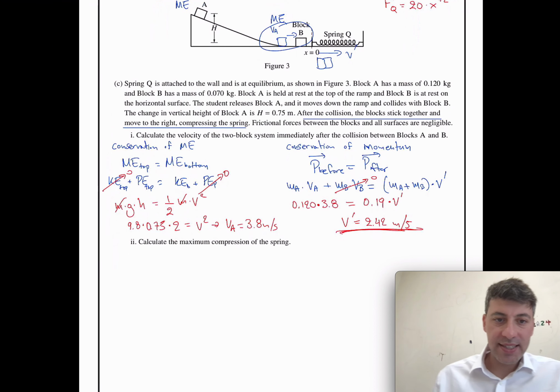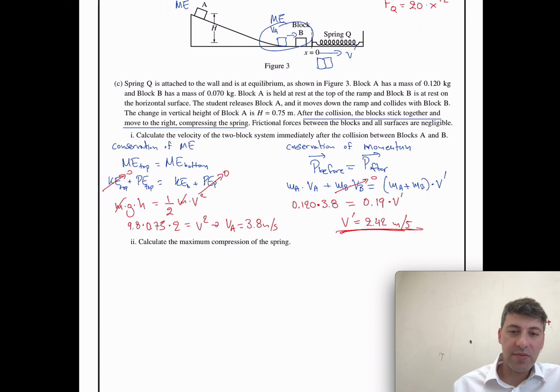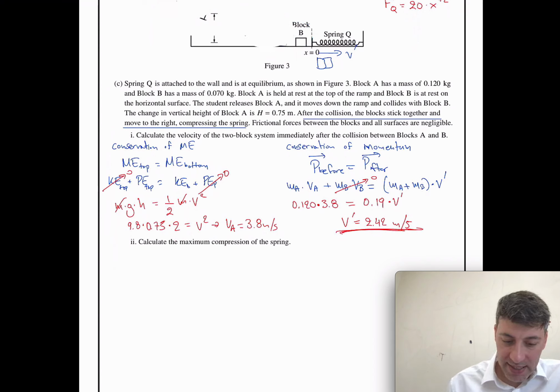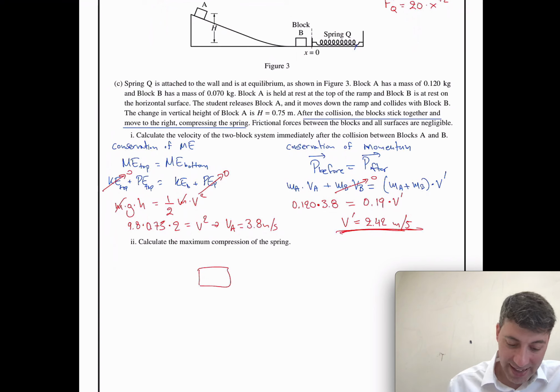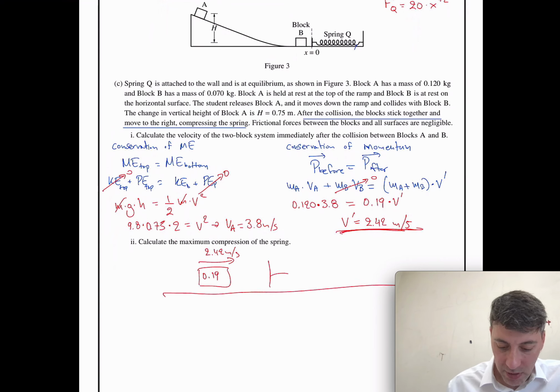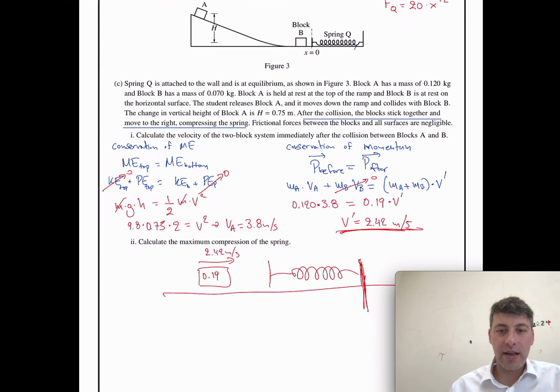And after this, we need to find the maximum compression of the spring. So what will happen is that one object that has a mass of 0.19 kilograms is moving with a velocity of 2.42 meters per second, and it is about to collide with a spring that is fixed on a wall.